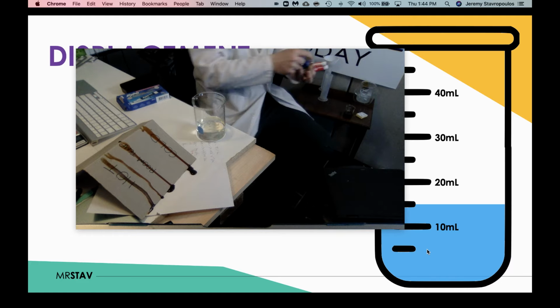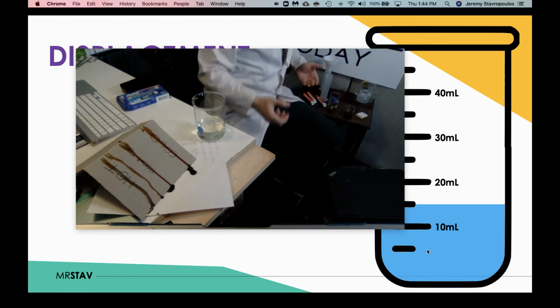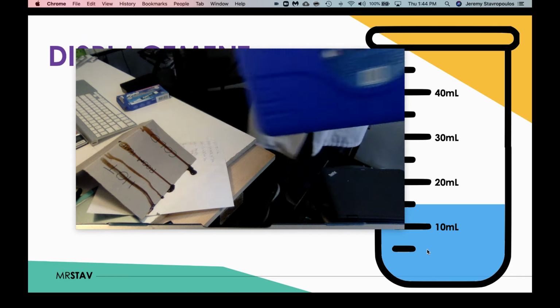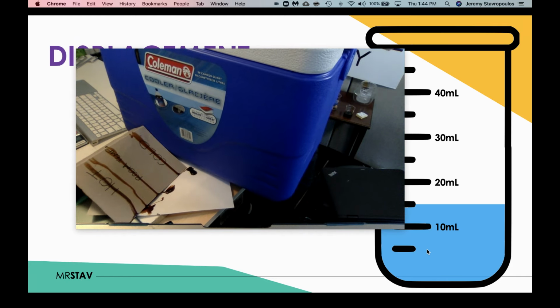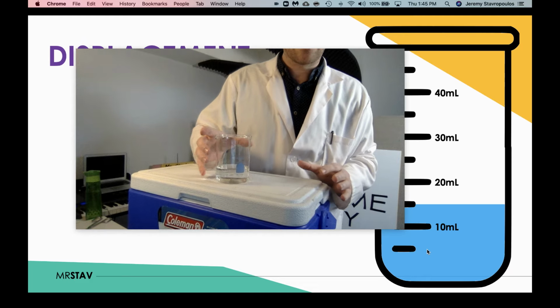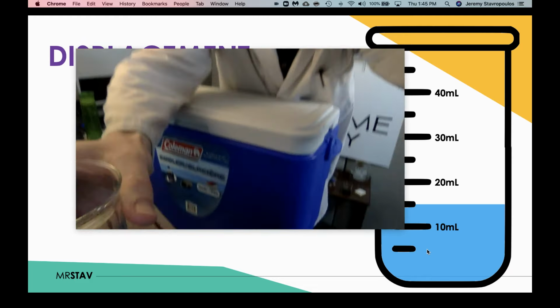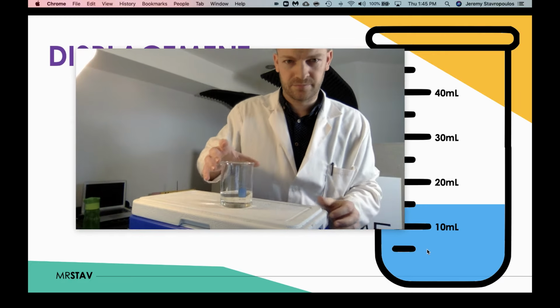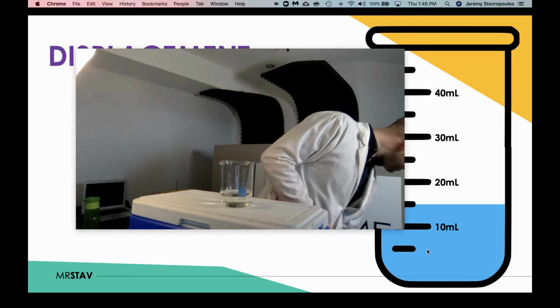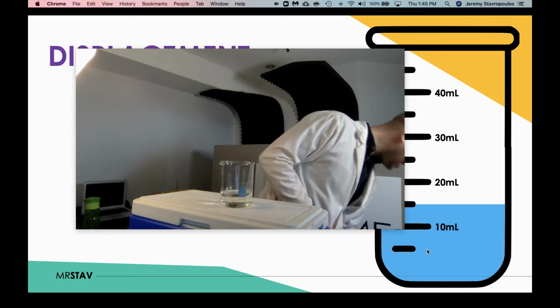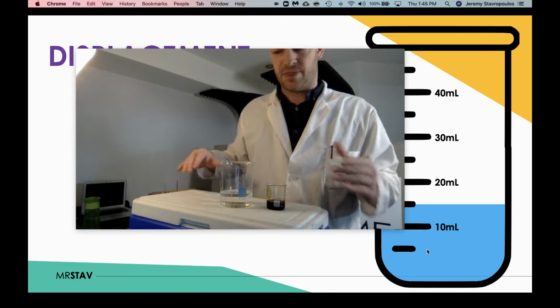And the reason it goes up is because the marble is taking space inside. I need to get this higher so that the camera has a better view. So be patient with me here. Not a perfect system.